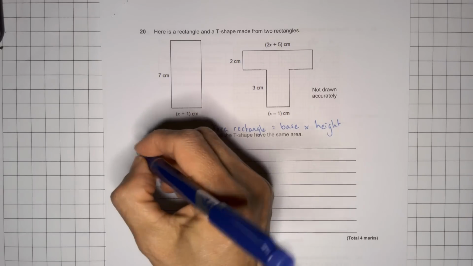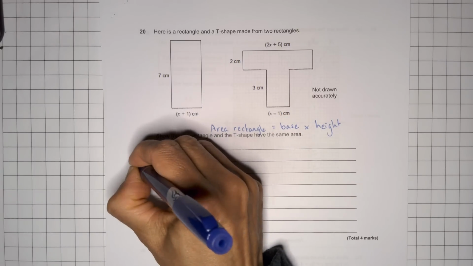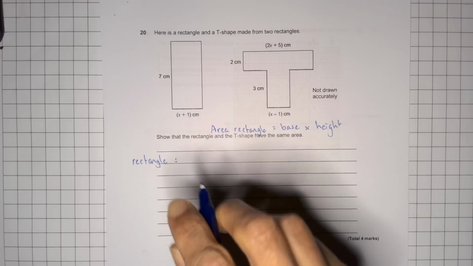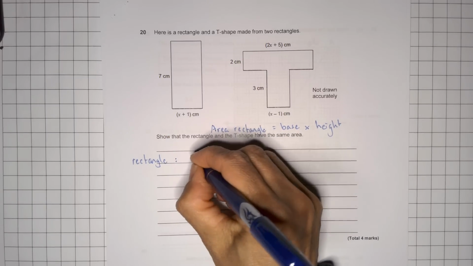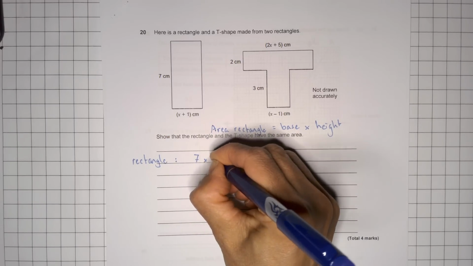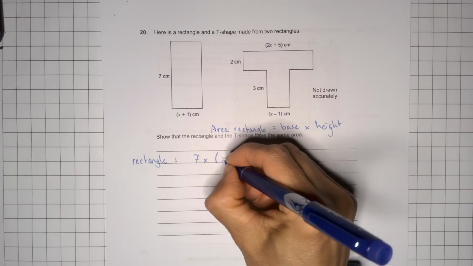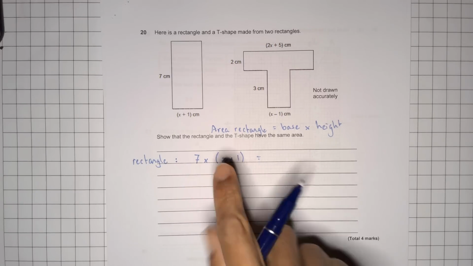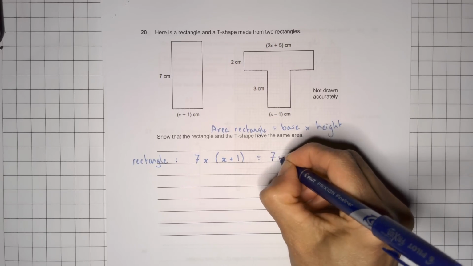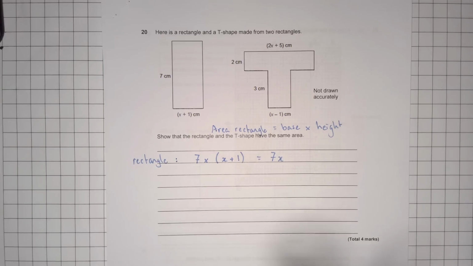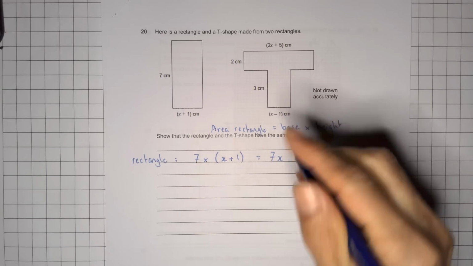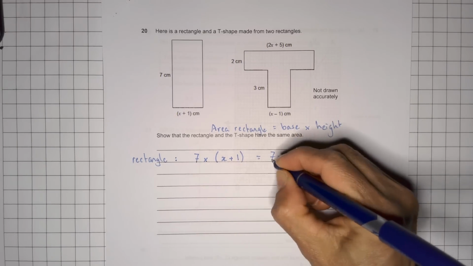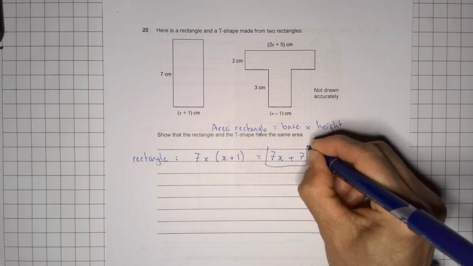So if we look at the rectangle, we have 7 times what we had on the bottom, which was x plus 1. If I multiply that, I have 7 times x, which is 7x. Now remember, in algebra we don't write the times, so 7 times x is 7x, plus 7 times 1 is 7. So that is the area of the rectangle.